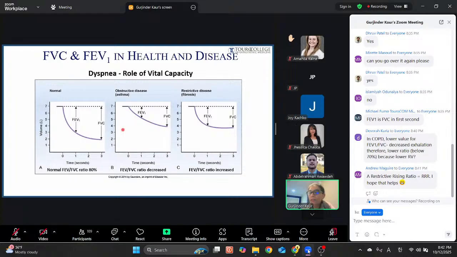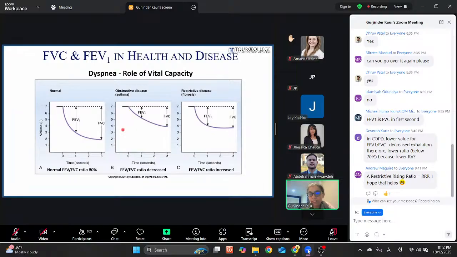Because they don't have their lungs that healthy anymore, their alveoli are not very healthy. I'll go one by one. I just don't want to give you all because we haven't finished the question. So I'll bring the next slide and I'll explain how all these numbers are changing.